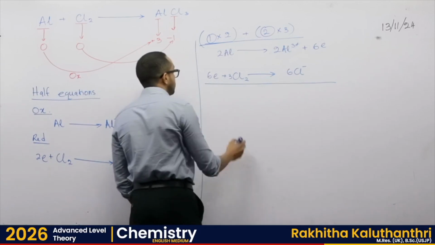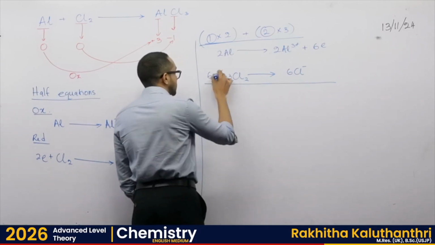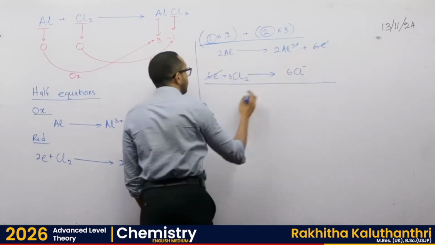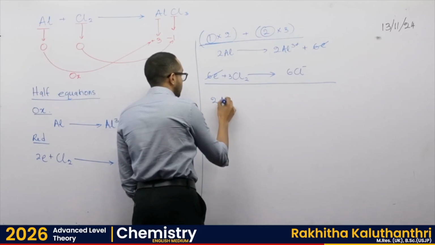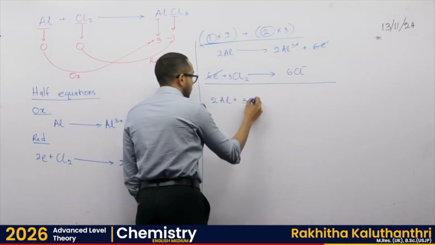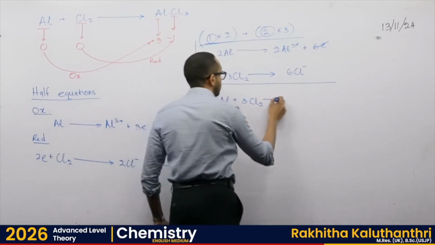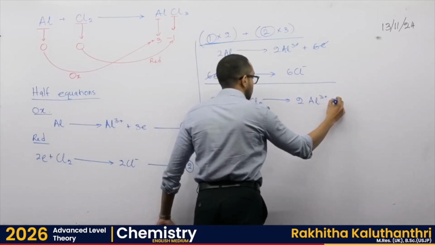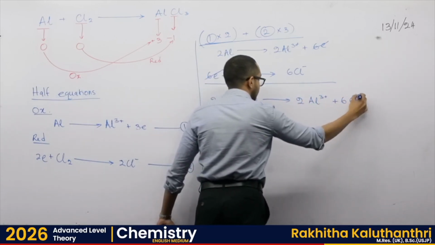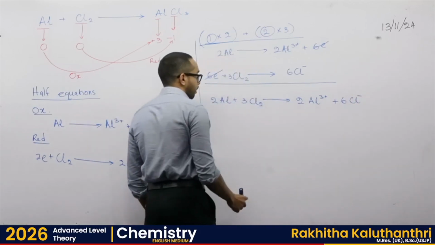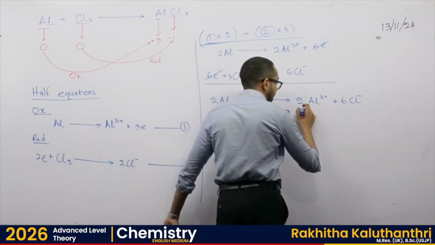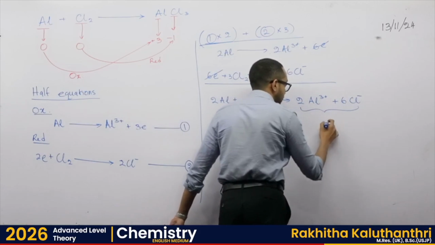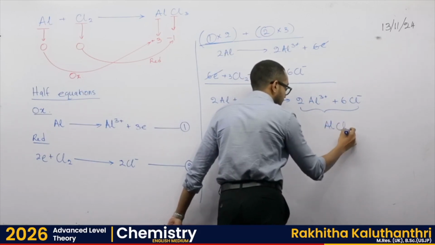If you add them together, you can see electrons cancel off. So we have 2Al plus 3Cl2 turns into 2 Al3+ and 6 Cl1-. So this actually means aluminiums and chlorides together will form aluminium chloride.